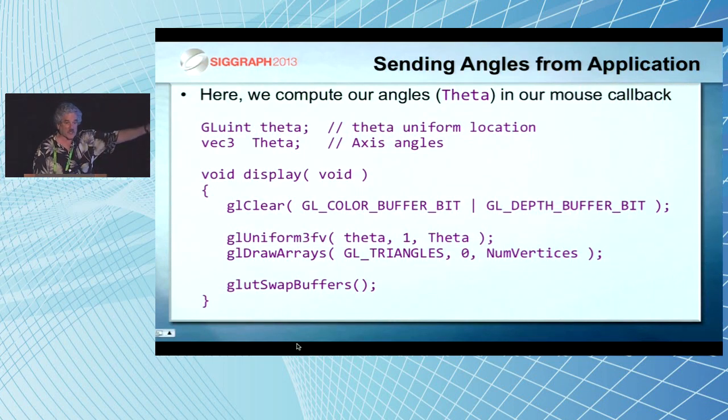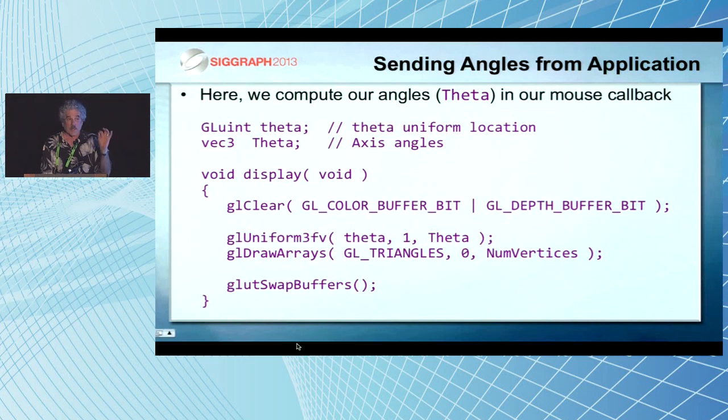It's saying I want to send over theta, which we identified with the theta variable in the shader, and then I draw arrays. Each time I send over a new array of 3 thetas, and then I call drawArrays. So essentially no information is being sent over except these 3 thetas.